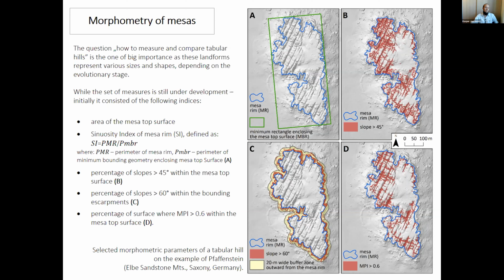And if we measure them, would the result fit the traditional evolutionary model of such landforms? And while the set of measures is still under development, first experiments which were done 4 years ago resulted in the following indices, which were intended to reflect size, complexity of caprock relief, and extent of caprock wall degradation.